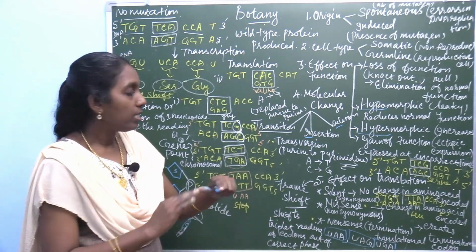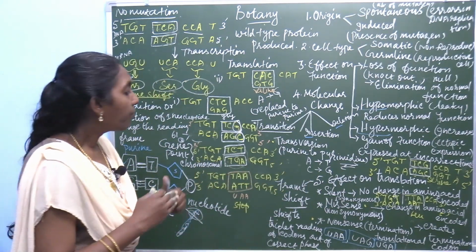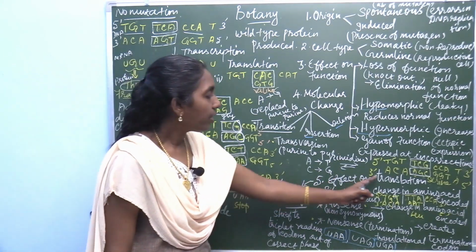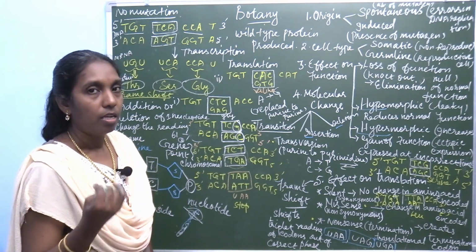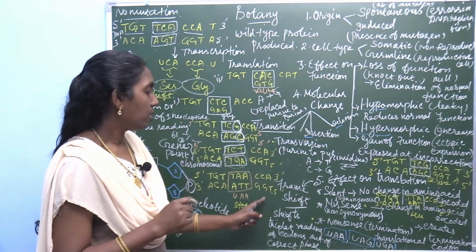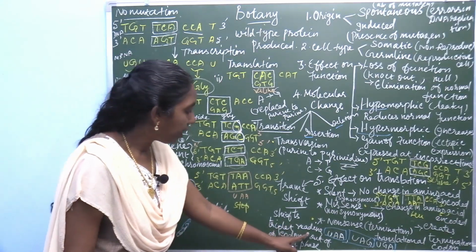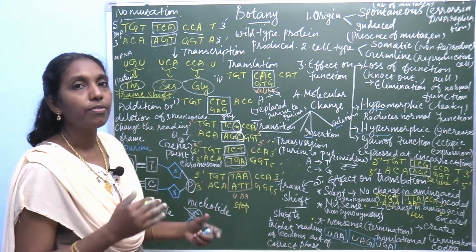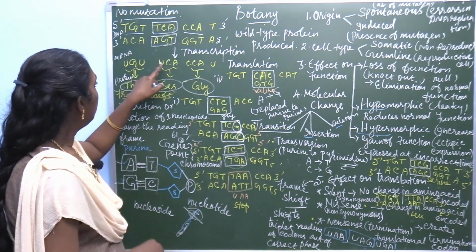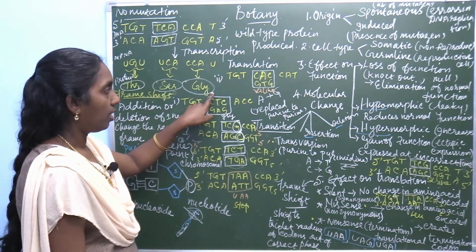Then, in the same effect on translation, one more type is there: frame shift. So, for this effect on translation, there are 4 types: silent, missense, nonsense and frame shift. What is the definition? Frame shift shifts the triplet reading of codons out of the correct phase. From the correct phase, here serine, in the second threonine, then serine and glycine has to form.